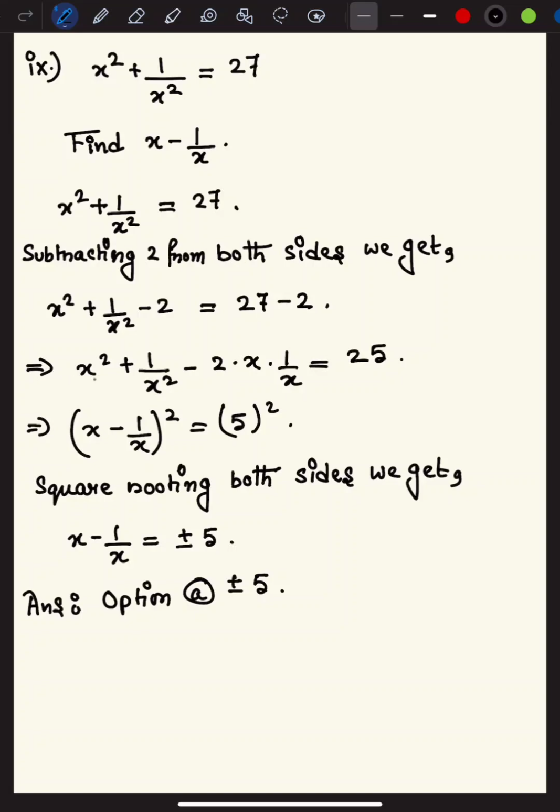We can write this as x square plus 1 by x square minus 2 into x into 1 by x, because this x and this x will get cancelled out, right? That is why, which is equal to 25. So this comes up to be the formula of x minus 1 by x whole square, which is equal to 5 square. 25 means 5 square. Now square rooting both sides, we get x minus 1 by x equals plus minus 5. Okay, so it will be what? Option A.